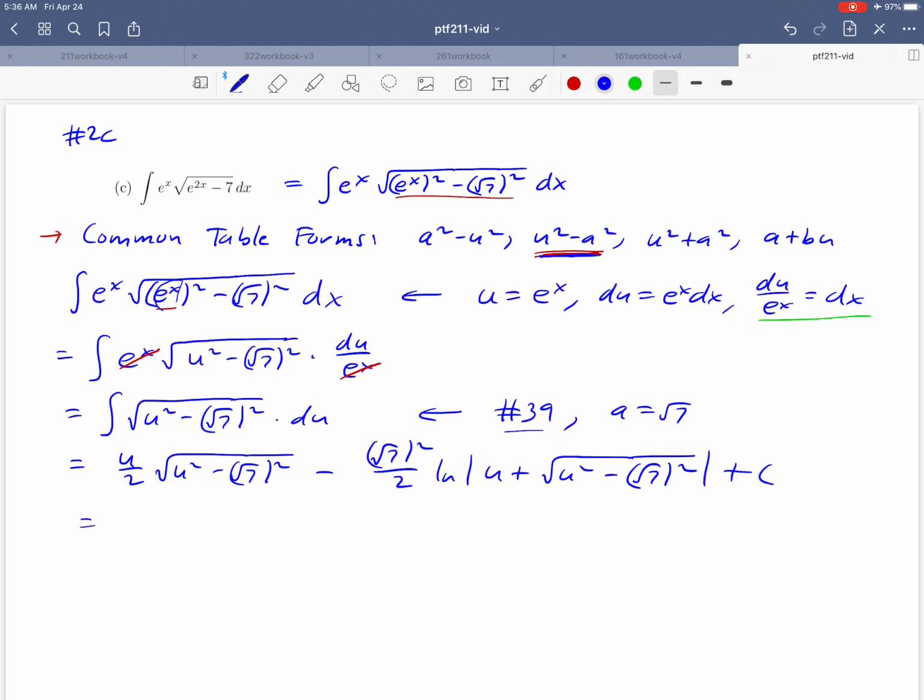There's our antiderivative according to the integral table. And the rest of this is just simplification.